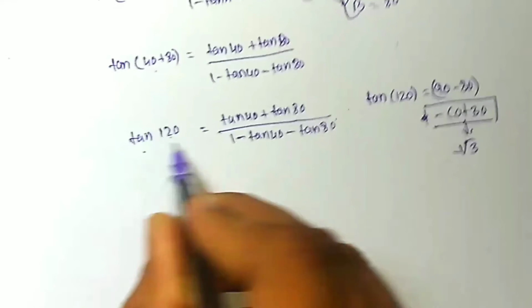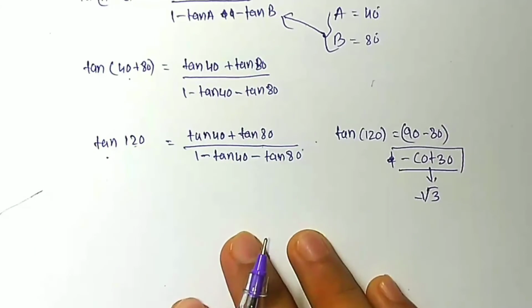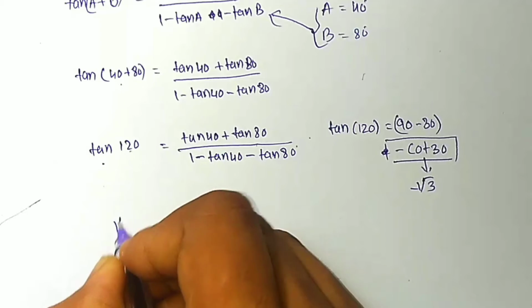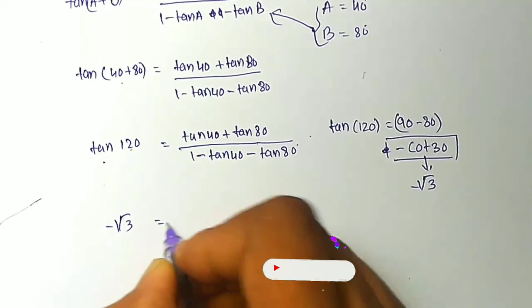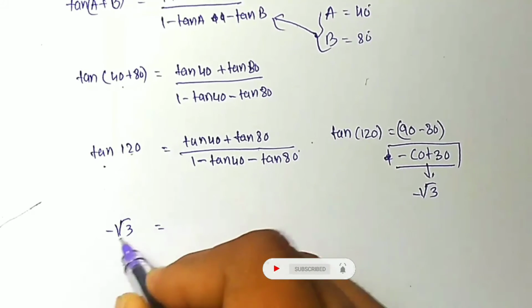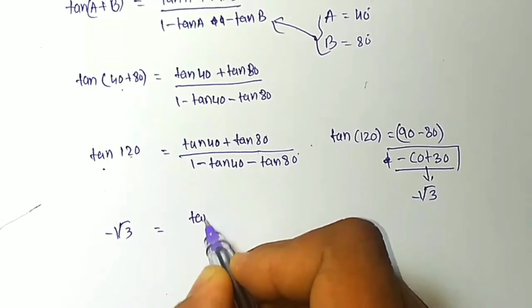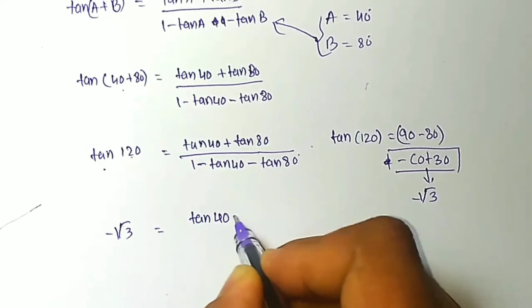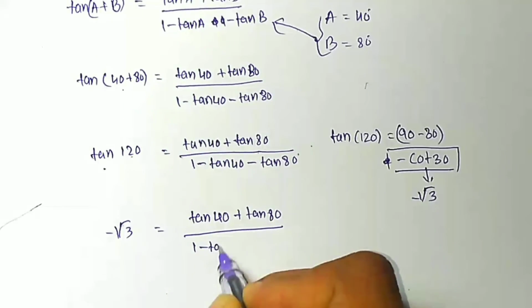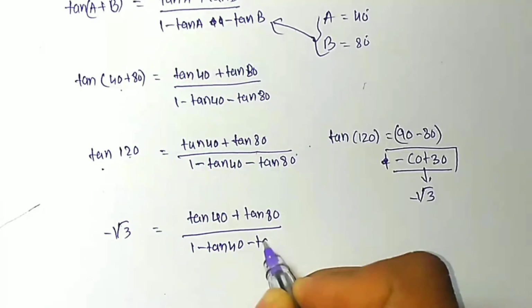Here in tan 120 place, take minus root 3. Minus root 3 equals tan 40 plus tan 80 by 1 minus tan 40 tan 80.